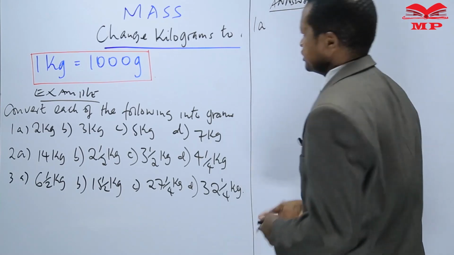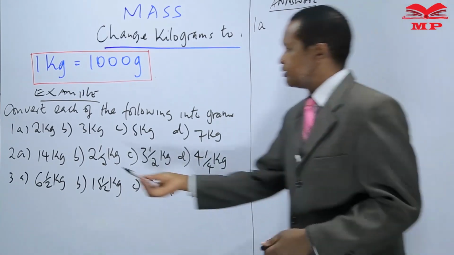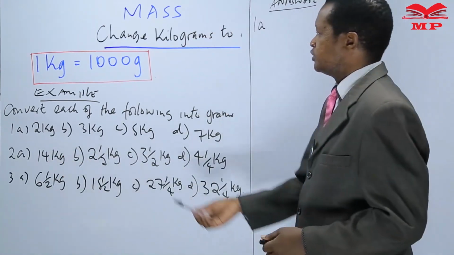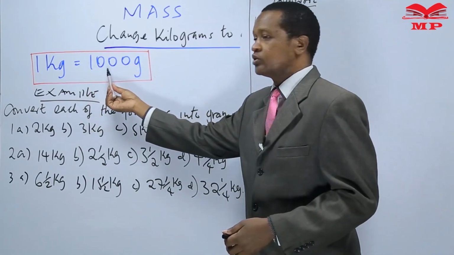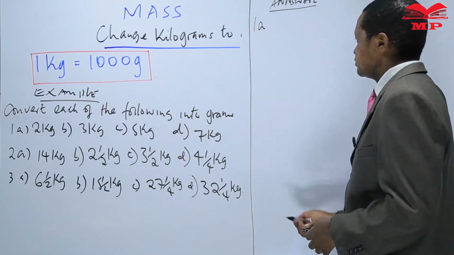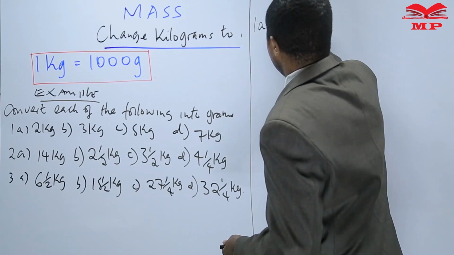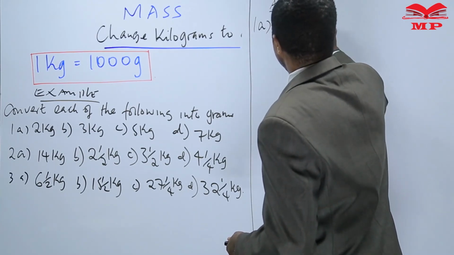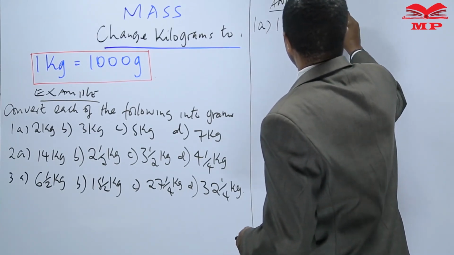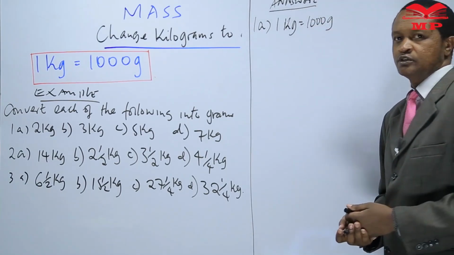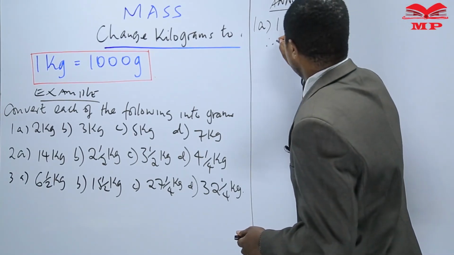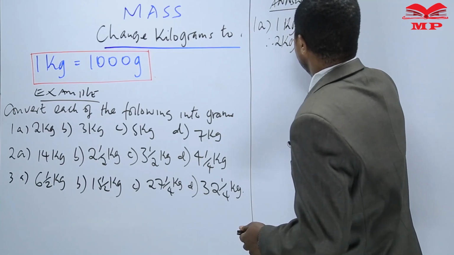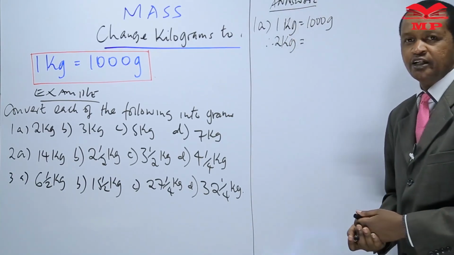1A, we are supposed to convert 2 kilograms to grams. We know 1 kilogram is equal to 1,000 grams. So first we write 1 kilogram is equal to 1,000 grams. Therefore 2 kilograms will be equal to how many grams?